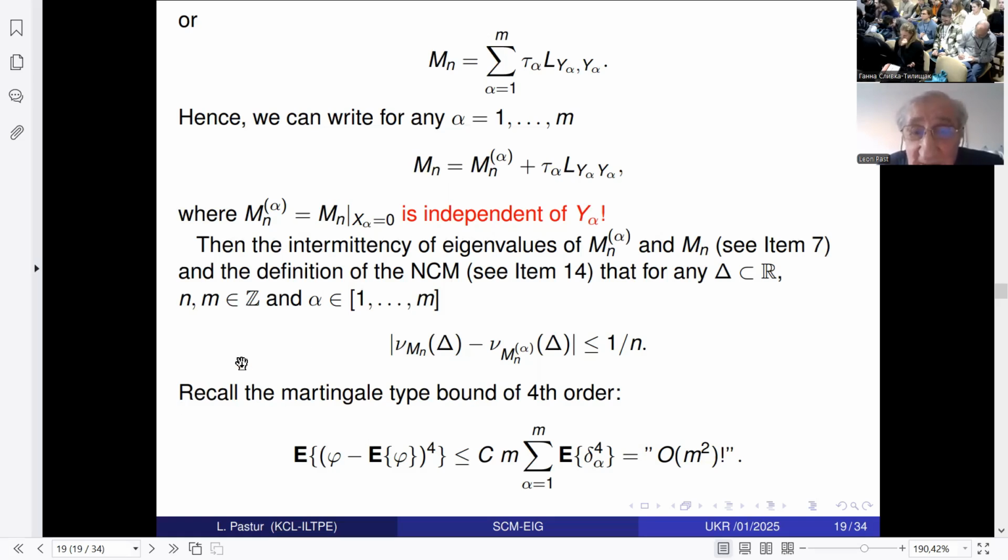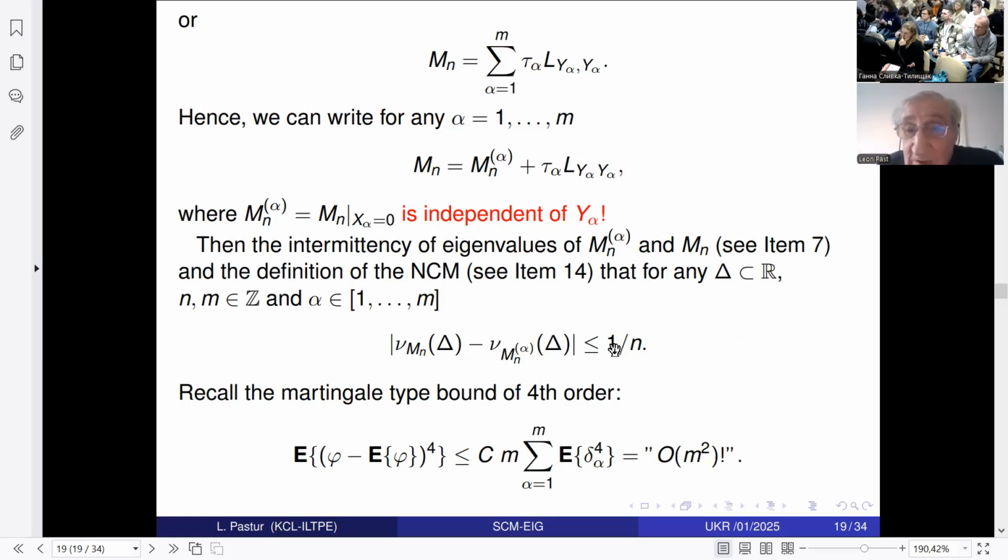And recalling this interlacing property, we can write that if we take any interval delta of the real axis, support of the measure, and take the difference of the numbers of eigenvalues falling in delta by matrix Mn and matrix Mn alpha, they differ at most by 1.